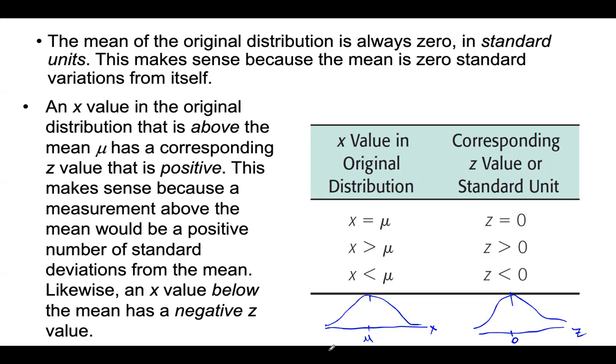If X were less than the mean on this side, then Z would be negative on this side. So you can see why.